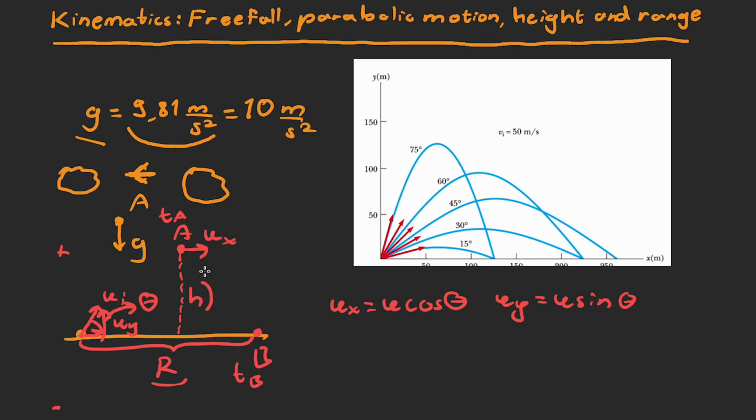To understand the time when the vertical velocity will be 0, let's look at a tiny equation. The final velocity in this case should be equal to 0. And the initial velocity, as we know, is v times sine theta. We know that our acceleration is minus 10 meters per second squared, and this t will be TA.